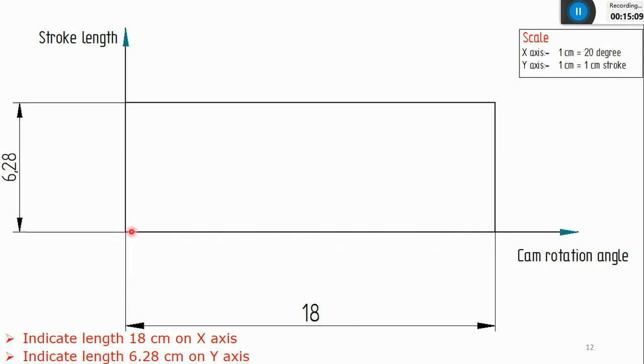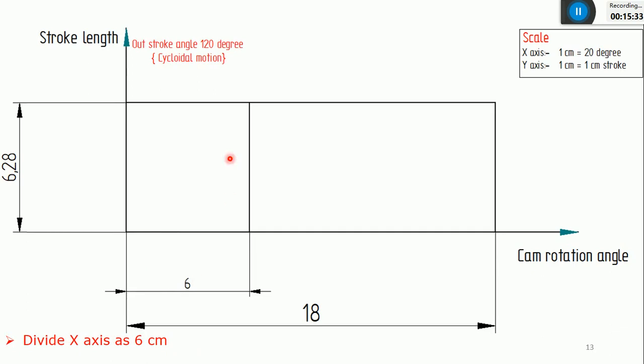And along the y-axis, I need to indicate the stroke length, that is 62.8 mm. I want it in centimeters, so it will be 6.28 centimeters. This is the stroke length, S. After that, I'll divide this x-axis into outstroke, first dwell, return stroke, and the second dwell. The outstroke is 120 degrees with cycloidal motion; 120 by 20 becomes 6 centimeters.